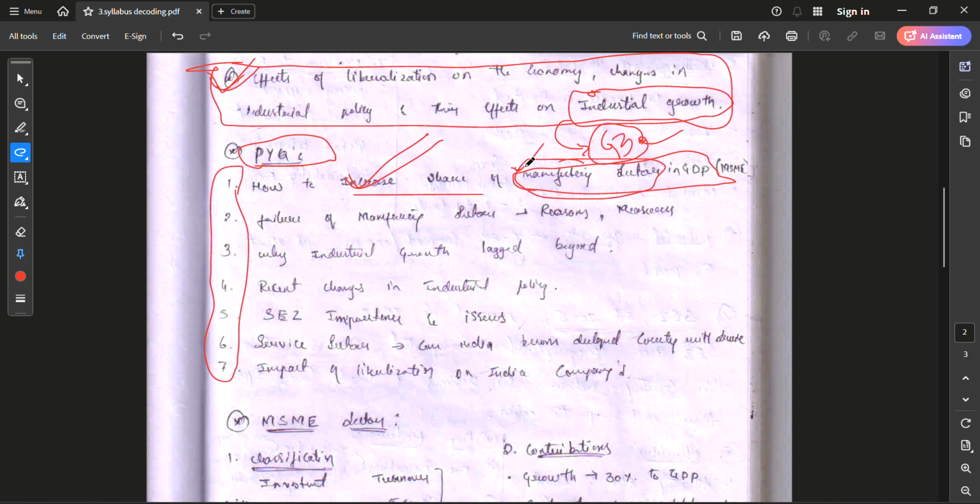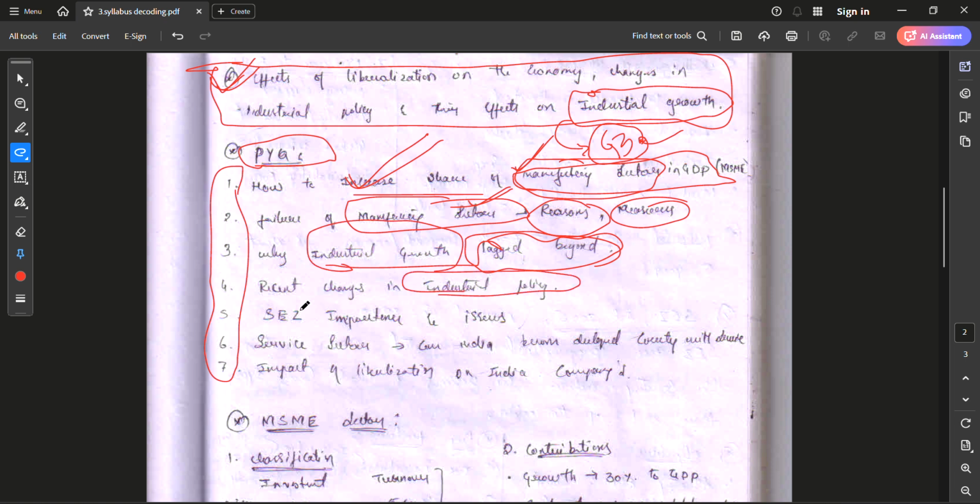Failure of the manufacturing sector. See here, the theme is the manufacturing sector: failure of the manufacturing sector, reasons and what measures need to be taken. Why industrial growth is lagging behind. Recent changes in the industrial policy. Special economic zones, importance and their issues.